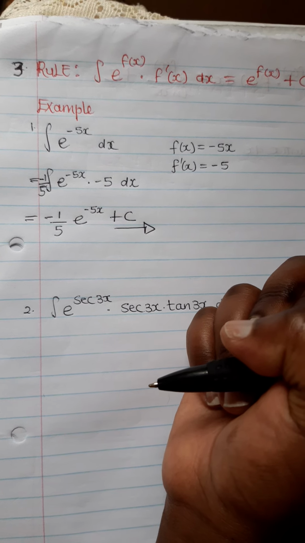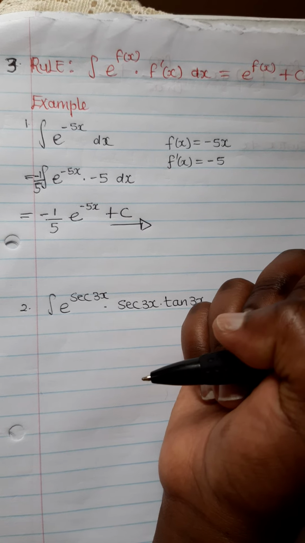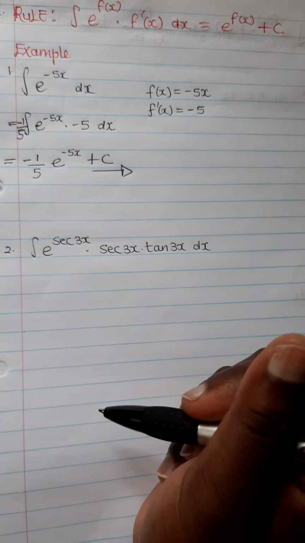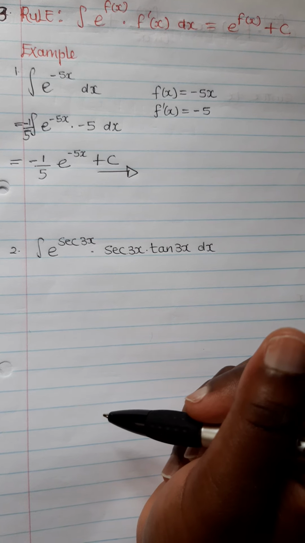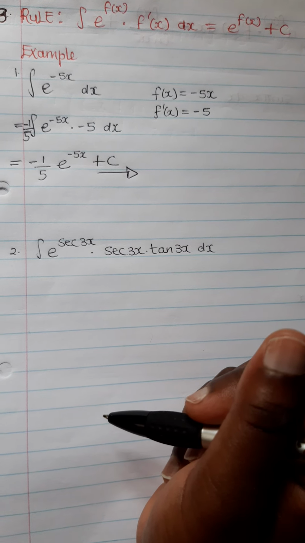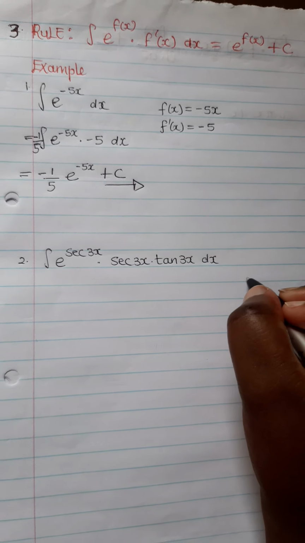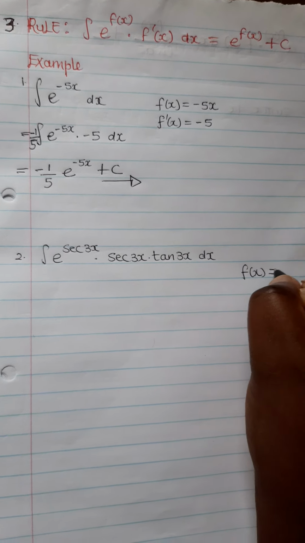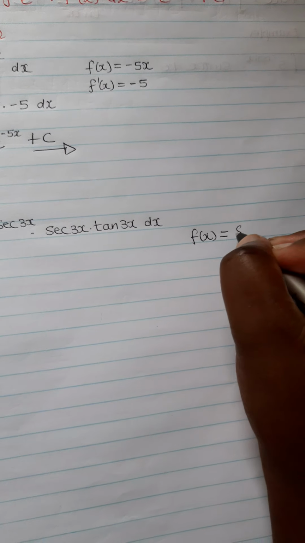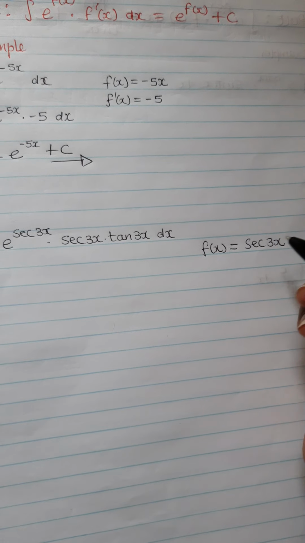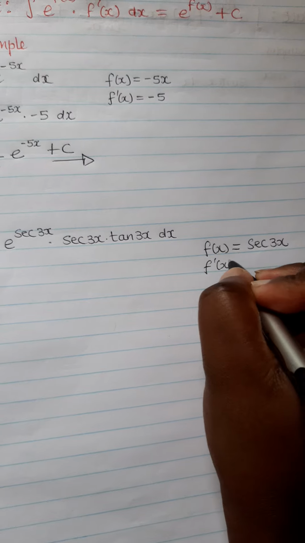Now let's look at example number 2. Try it. So number 2, we have to find the integral of e to the power sec 3x times sec 3x tan 3x. Right, so again, in this case, our f of x is equal to sec 3x. Now, what's the derivative of sec 3x?